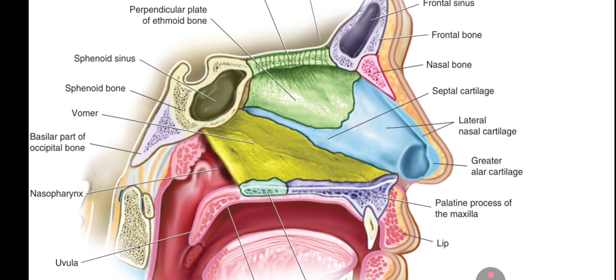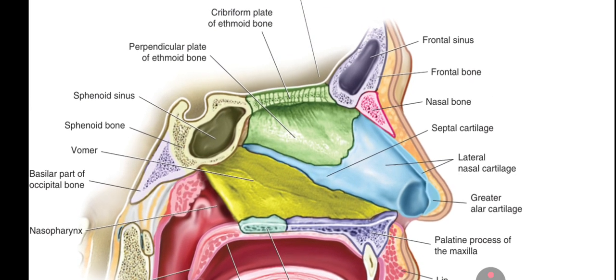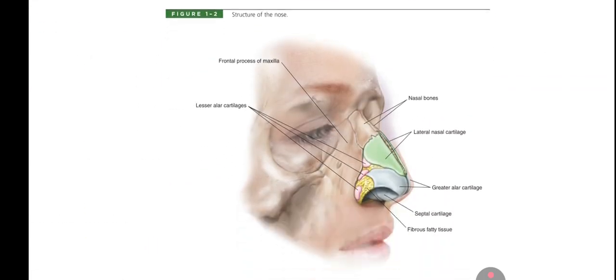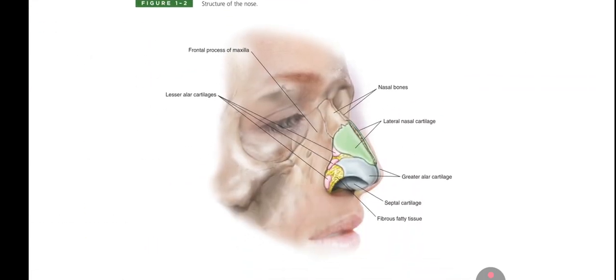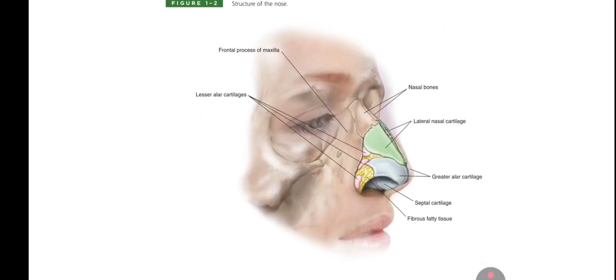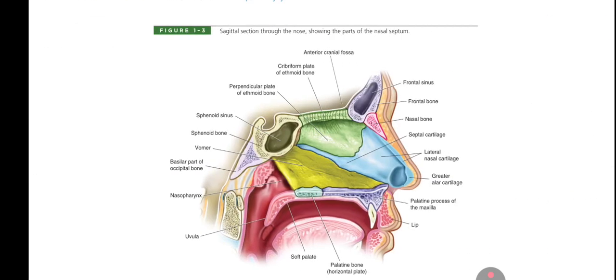So if you look at it, where could the frontal process of maxilla be if the nasal bones are right upon that, and the areas next to the nasal bones are the cribriform plate of ethmoid bone and the perpendicular plate of ethmoid bone?